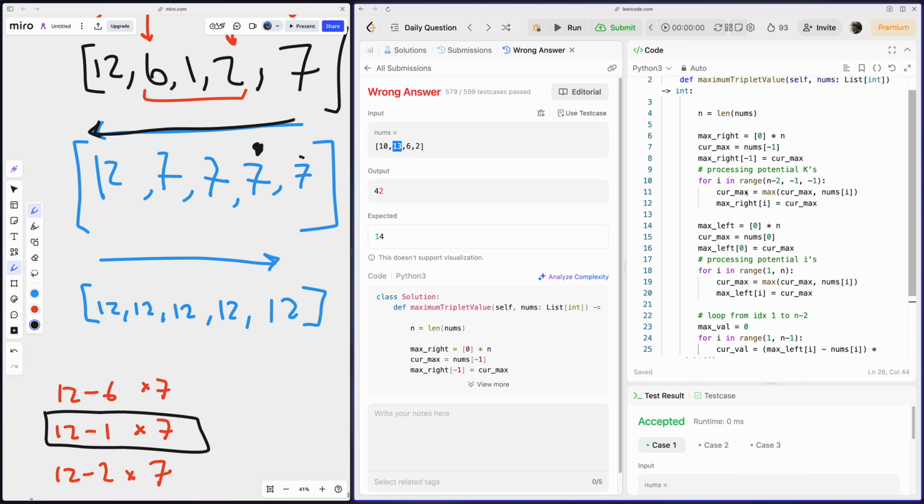Okay. I kind of messed up with this current max. I mean, the max left and max right. It shouldn't include the current, right? So let me try to think. I just need to make that change.